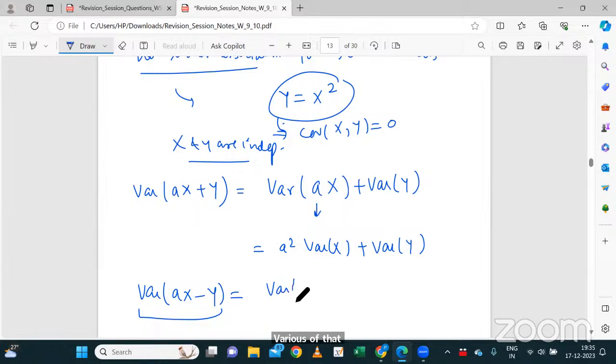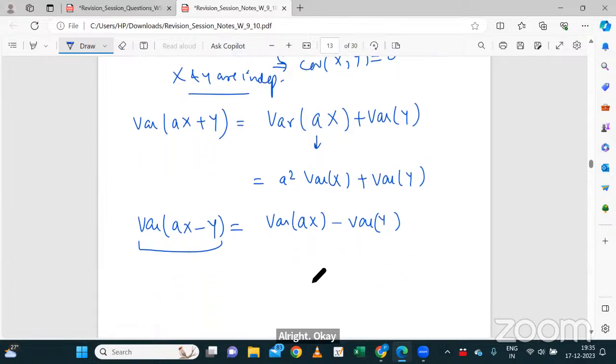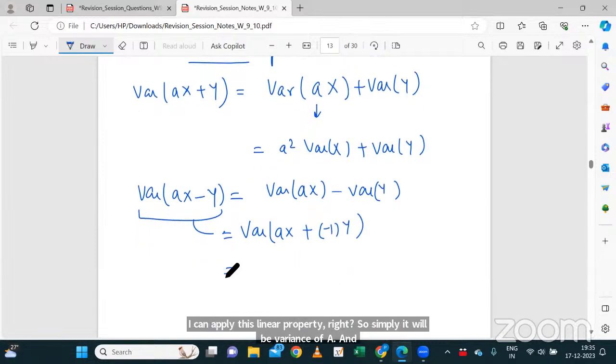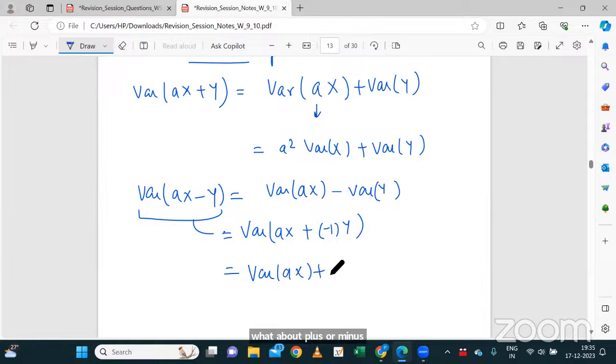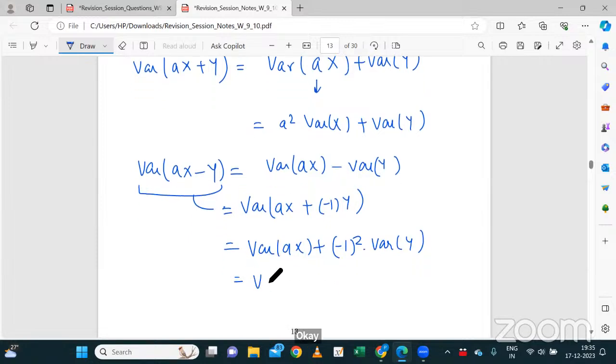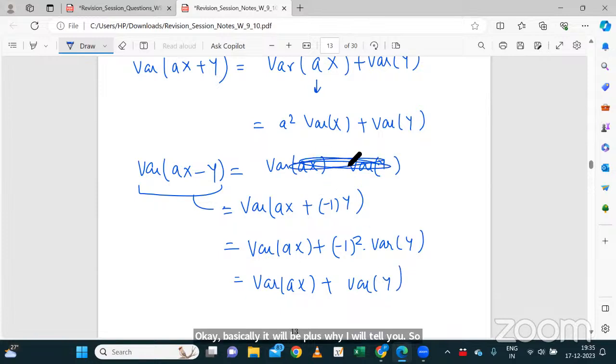So basically these things I can write as variance of aX plus minus 1 times Y. So it will be variance of aX plus minus 1 square into variance of Y, right? So it will be variance of aX plus variance of Y, right?